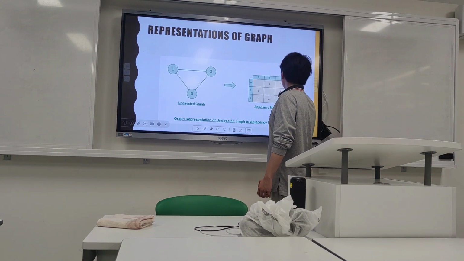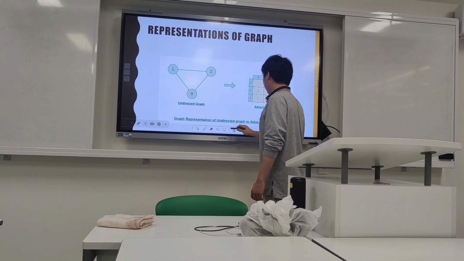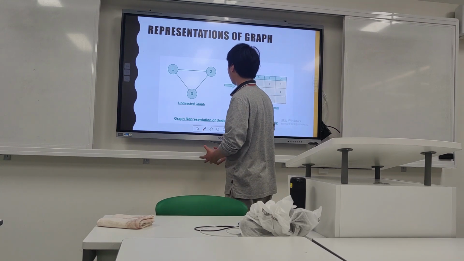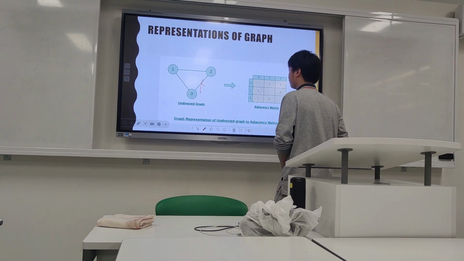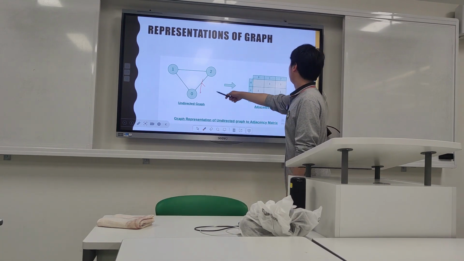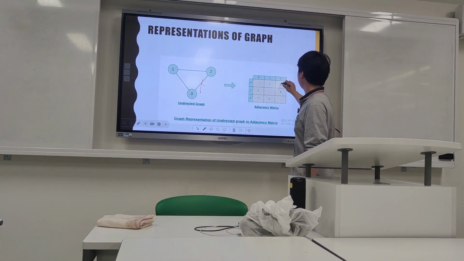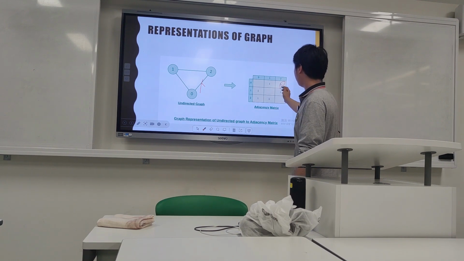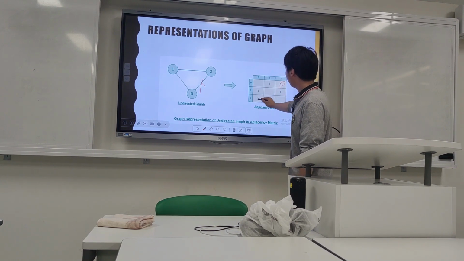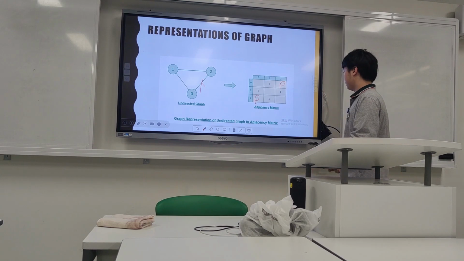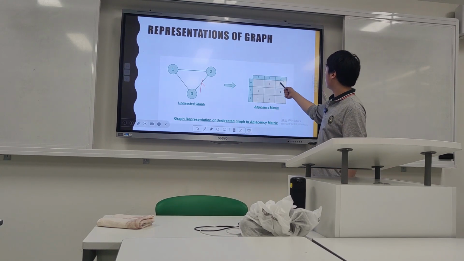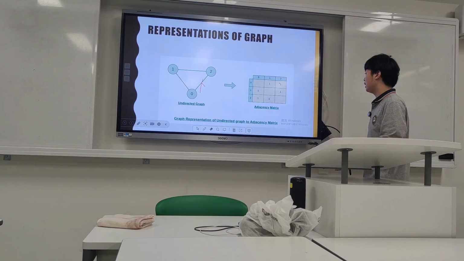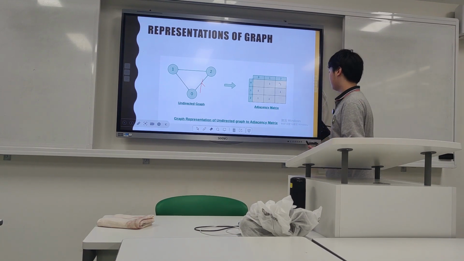For example, if we delete the edge connecting 0 and 2 here, then [0][2] will be 0 because there is no edge connecting them, and [2][0] will also be 0. So it is very easy to understand how you represent the graph in an adjacency matrix.